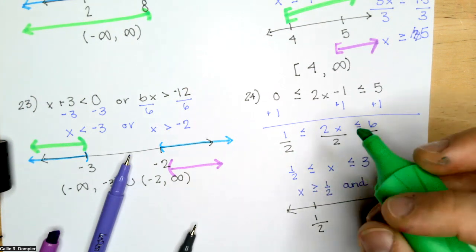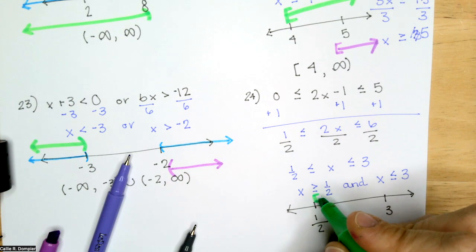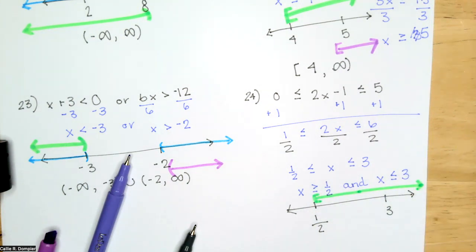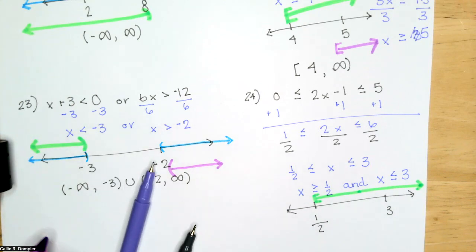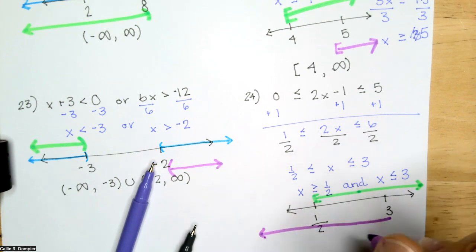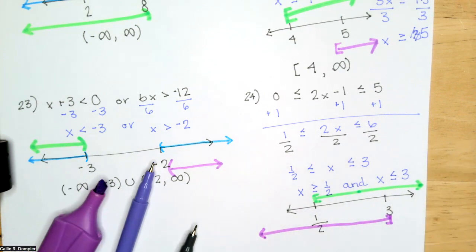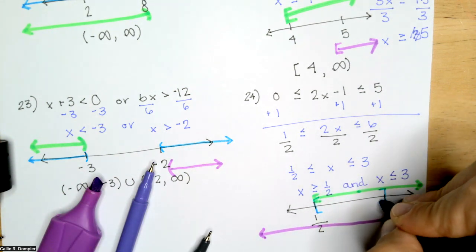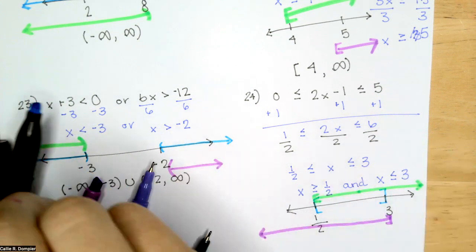X is greater than or equal to 1/2, so I'm going to put a bracket. Make it go on forever. X is less than or equal to 3. Make it go on forever, give it a bracket. And it's and. So my final answer is going to be bracketed between 1/2 and 3.